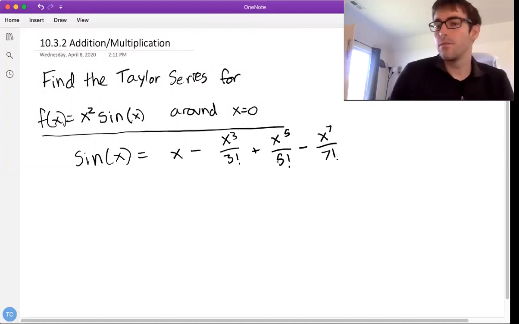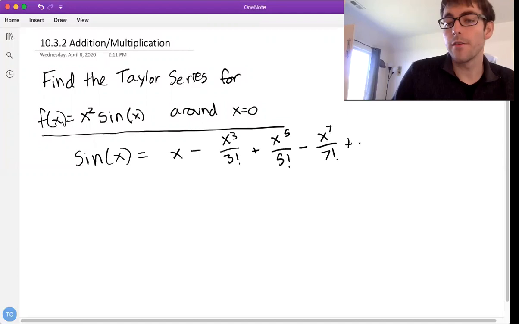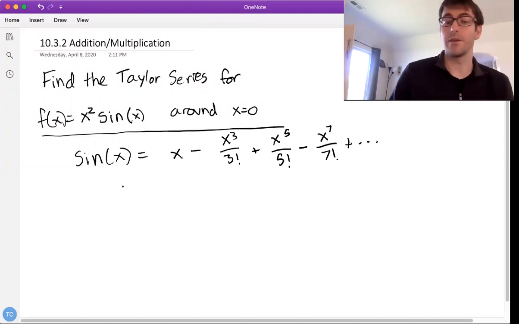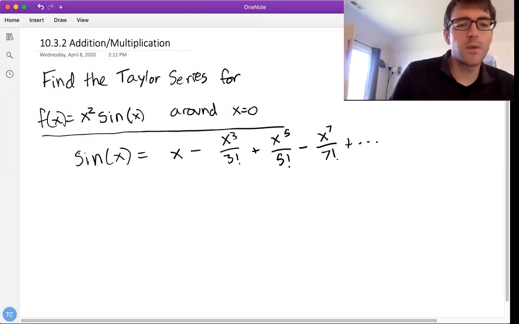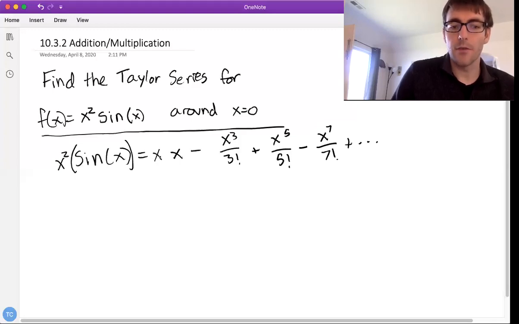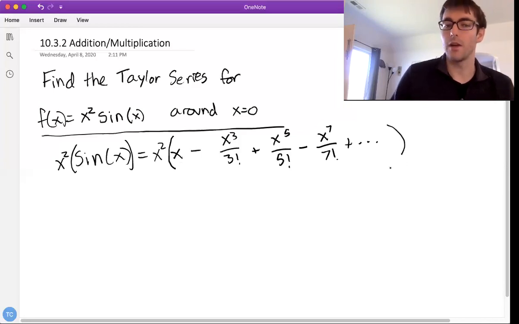Okay, so this is the first part of the Taylor series for sine of x, but we want to know what x squared times sine of x is. Well, this is an equation. As long as we do something to both sides, we're allowed to do it. So we can multiply both sides by x squared, distributing it through our whole expression.